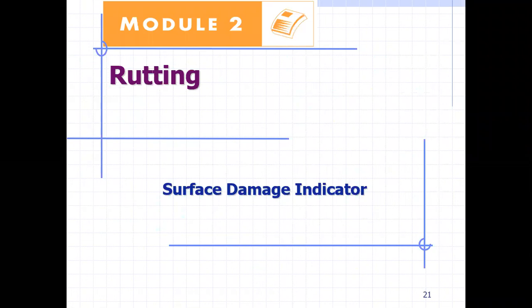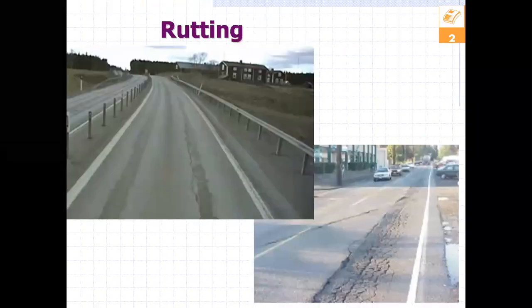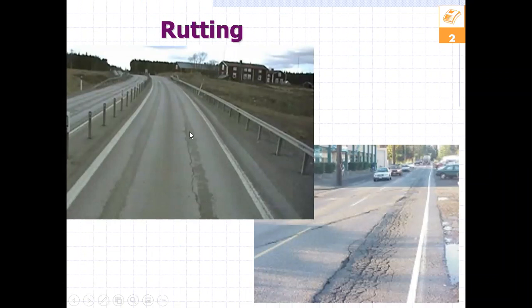There is another indicator that is called rutting. The rutting can be seen in this picture. Let's start with the top left picture. It is roughly where the majority of the trucks drive. And it is a permanent deformation that the pavement will not recover.